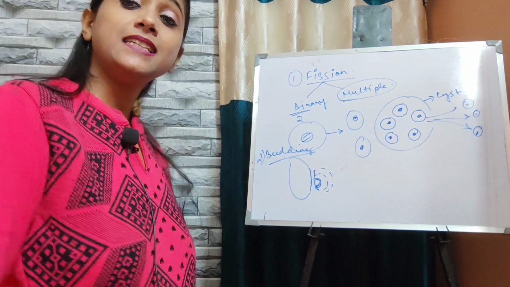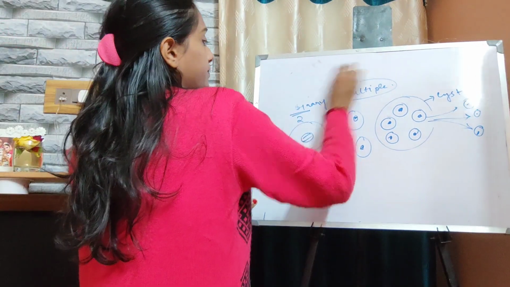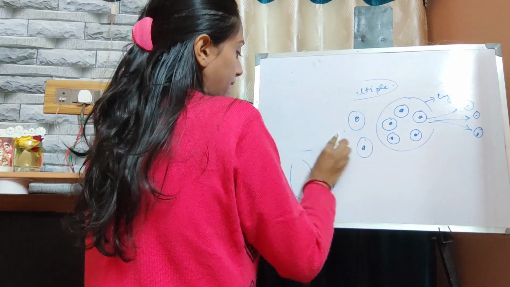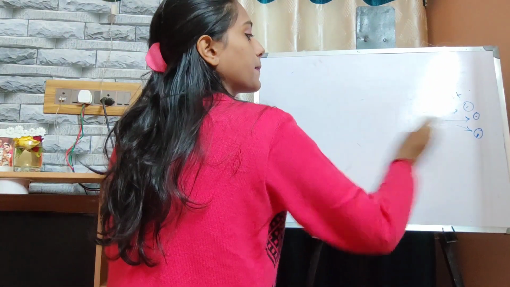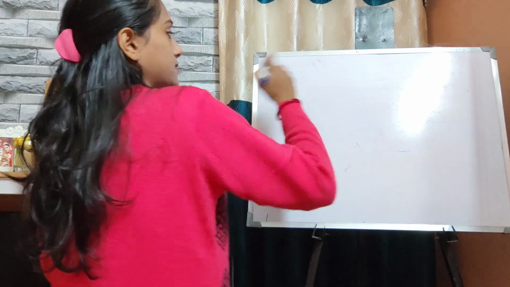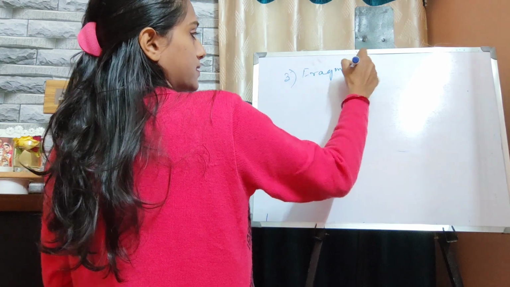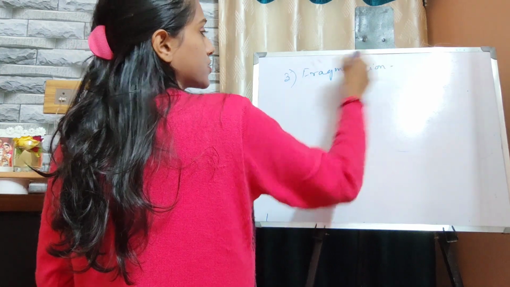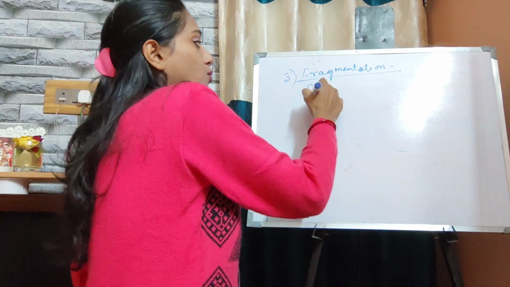Third is fragmentation. It is mainly seen in Spirogyra. Keep it in mind, this is the third type of reproduction, fragmentation. What is it?